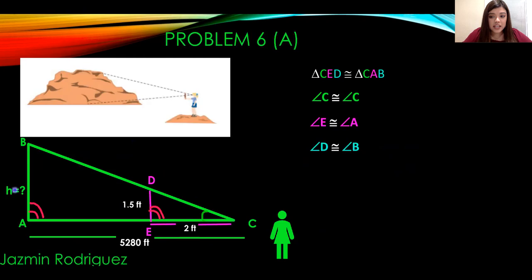And then angle D is going to be congruent to angle B. All right, and therefore also line segment CE is going to be proportional to line segment CA, and then CD to CB. And then we have that ED corresponds to AB, which is our height of the cliff.